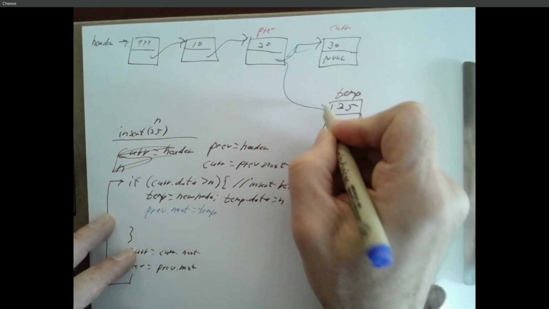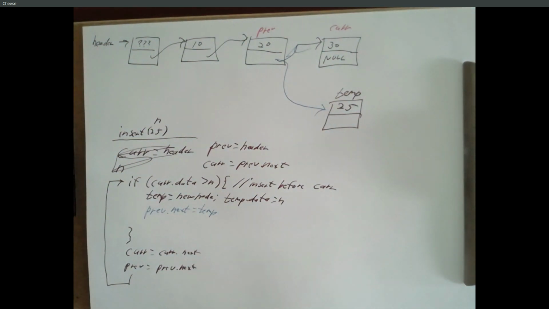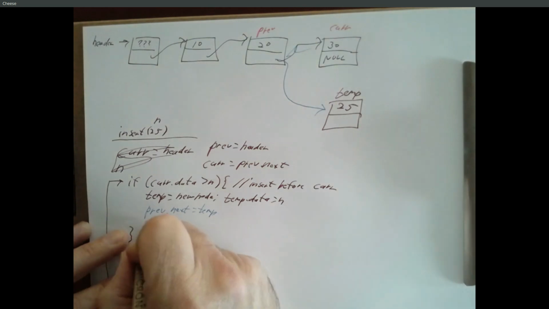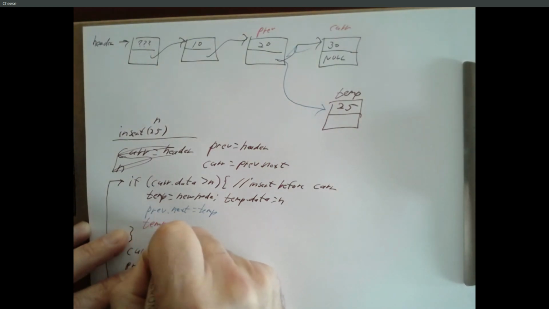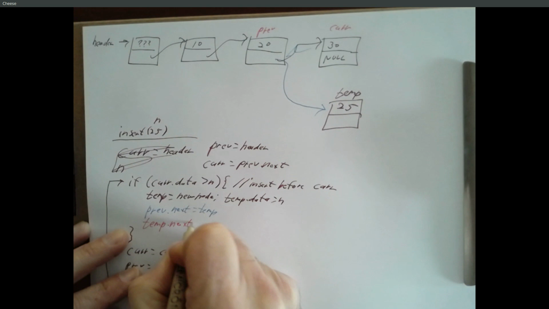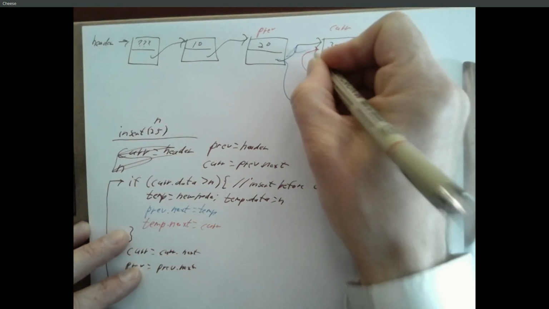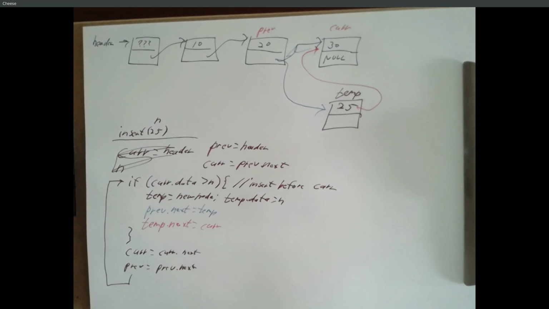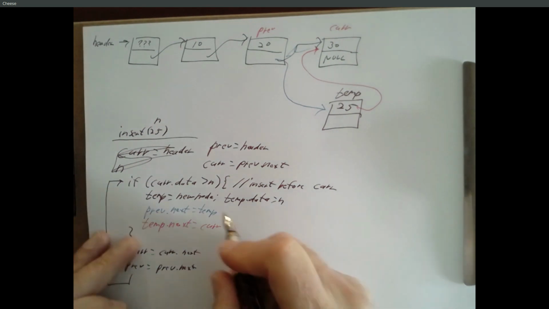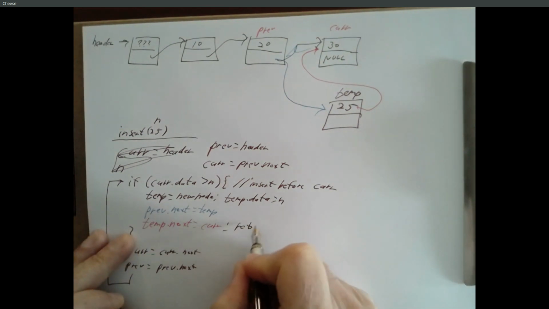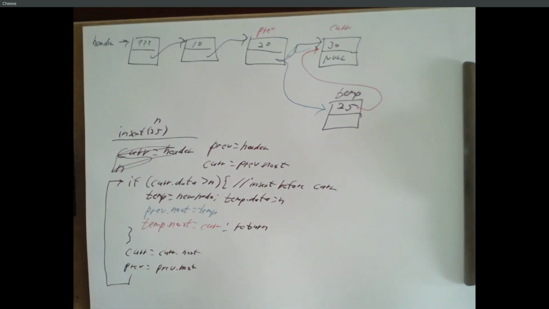So that does this. And temp.next equals current. That does this. And you're done. So exit out of your loop at that point. You've done your insert, you're finished.